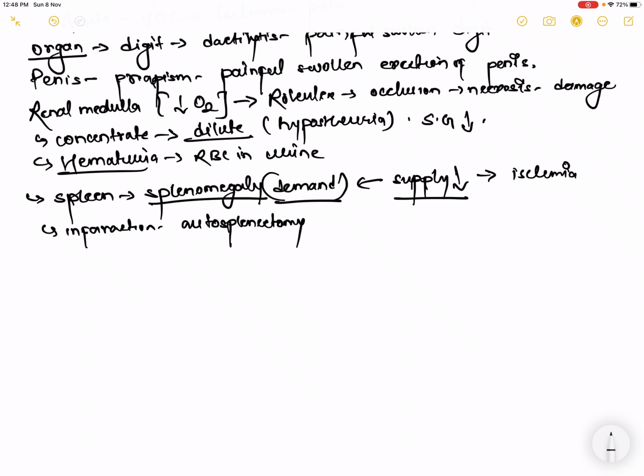So in sickle cell anemia, when there is autosplenectomy, we have to prevent infection with encapsulated organisms, like pneumococcus, Haemophilus, and meningococcus.